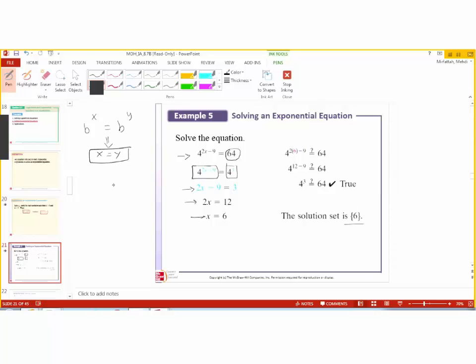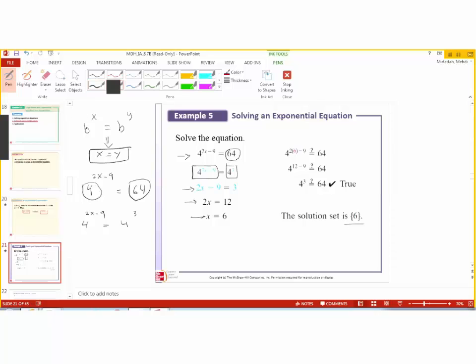So the question is, can I make the base equal each other? Here I have 4 to the power of 2x minus 9 equal to 64. But I can make the base equal each other because 64 is 4 cubed. So 4 to the power of 2x minus 9 is equal to 4 cubed.